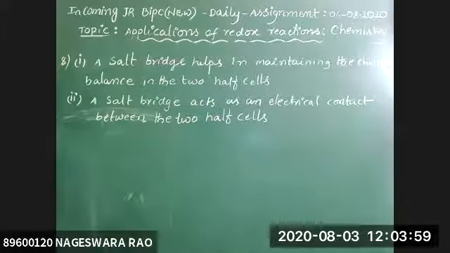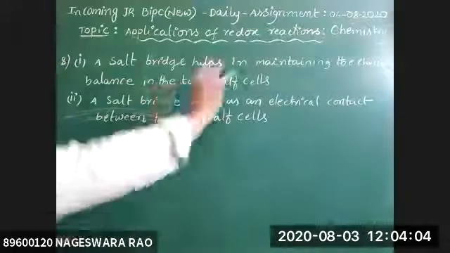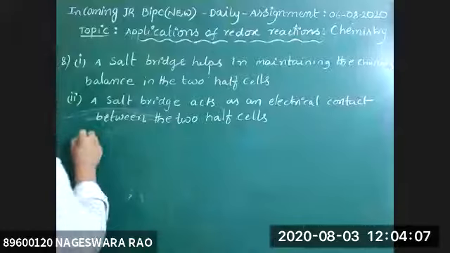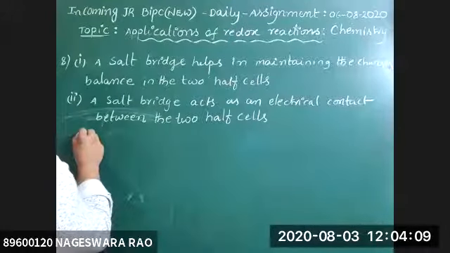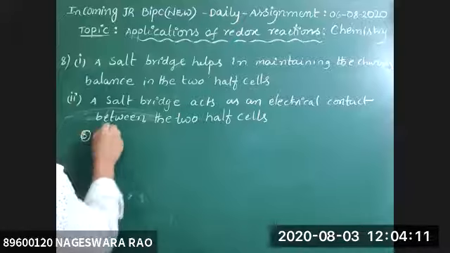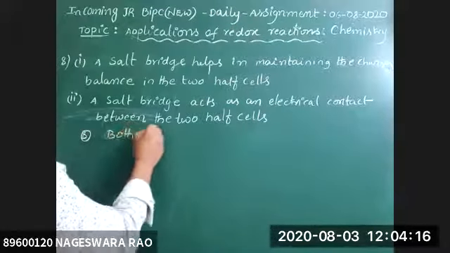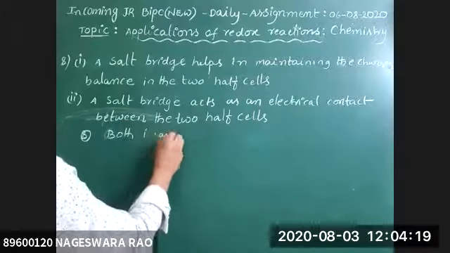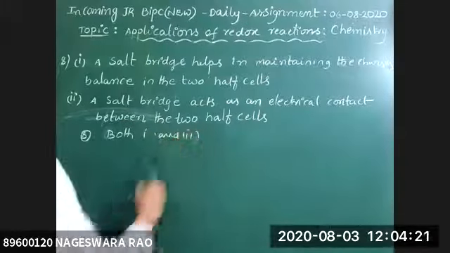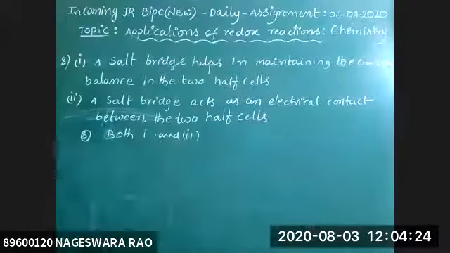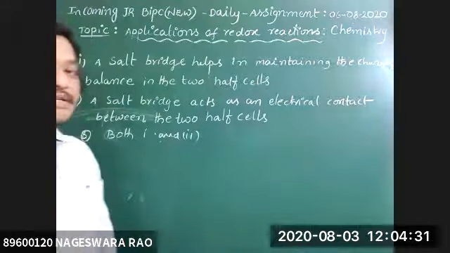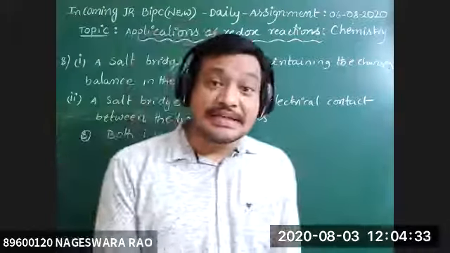What are the correct statements? Both statements are correct, so the answer is both 1 and 2. This question belongs to the use of a salt bridge in a galvanic cell or electrochemical cell.